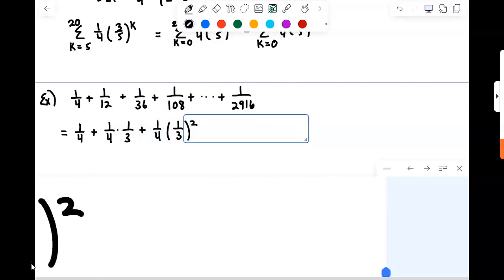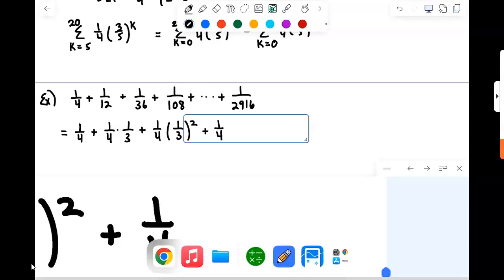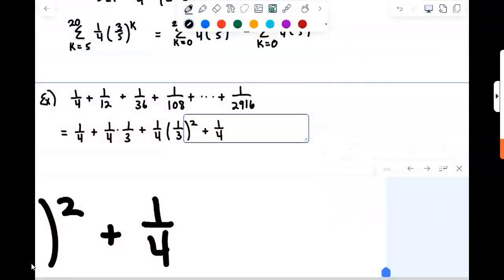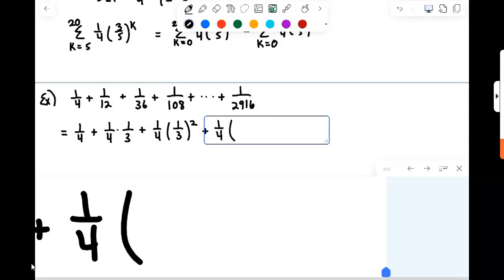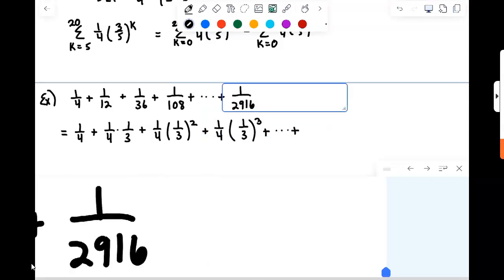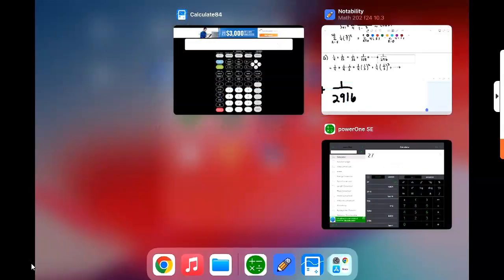And the same thing, 1/8, take out the 1/4 from it. Then we'll be looking at 108, taking the 4 away, leaves me with a 27. Right, that would just be 1/3 cubed. And so on through all the terms till we get to the last one, 29/16.